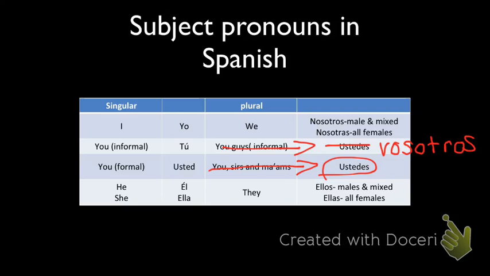So in Spain, they do distinguish between the informal and the formal when they're addressing groups of people as well as individual people. Here in Latin America, we don't. Here in Latin America, we use ustedes for the plural of tú and ustedes for the plural of usted.